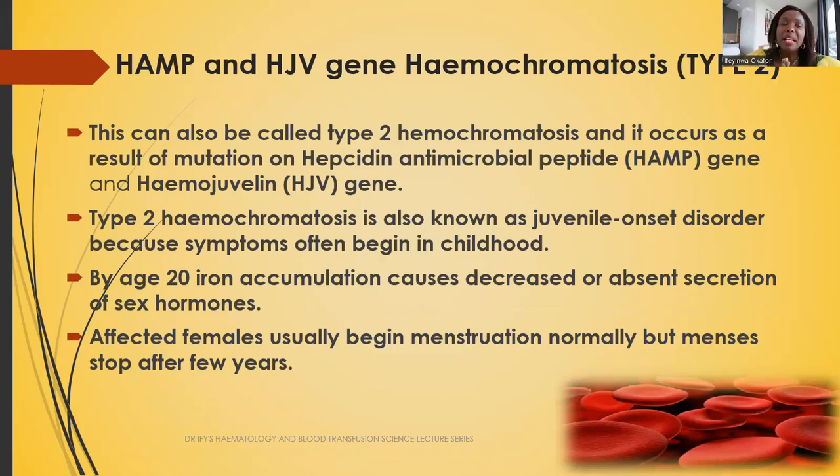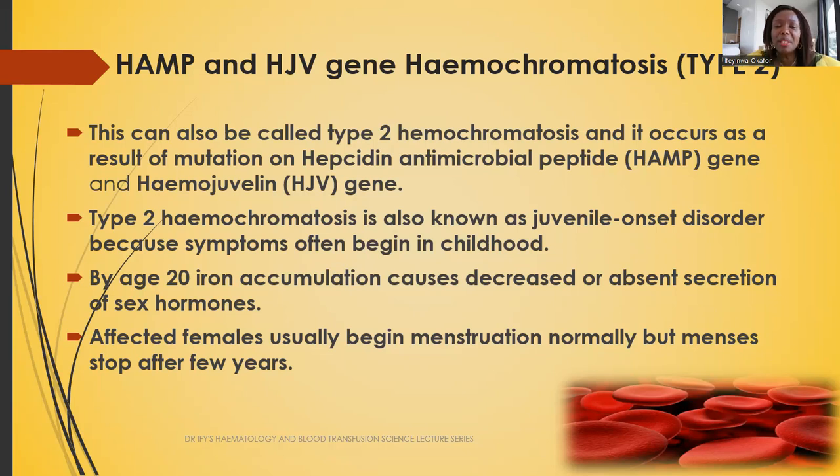Type 2 hemochromatosis is also known as juvenile onset disorder, because the symptoms often begin in childhood. So it can also be called juvenile hemochromatosis because the onset of the disease starts from childhood.